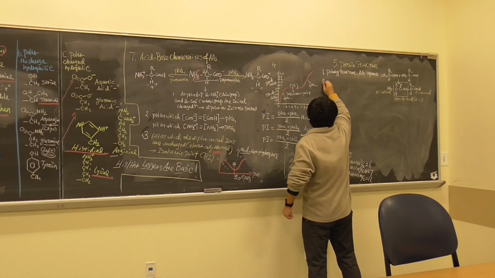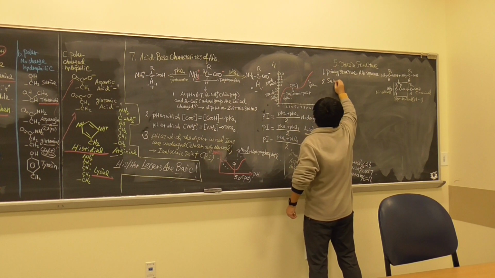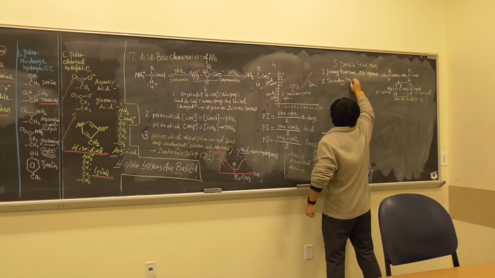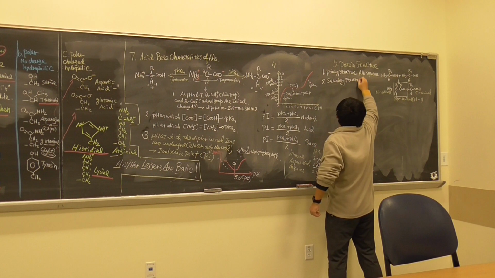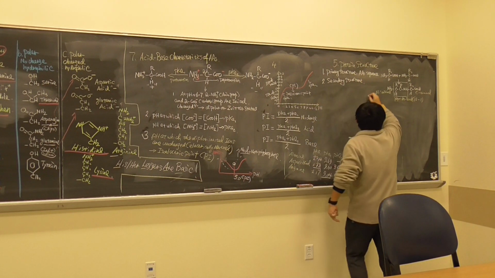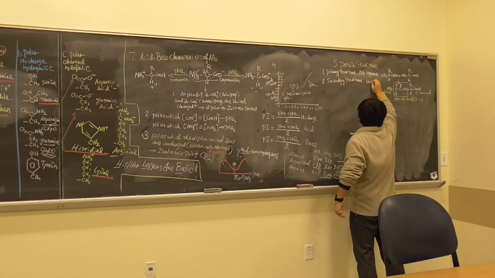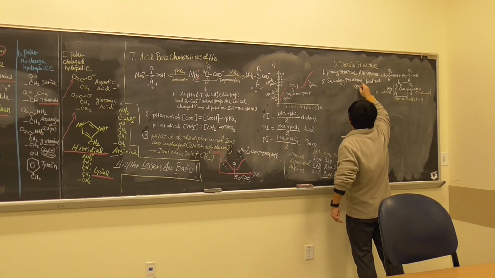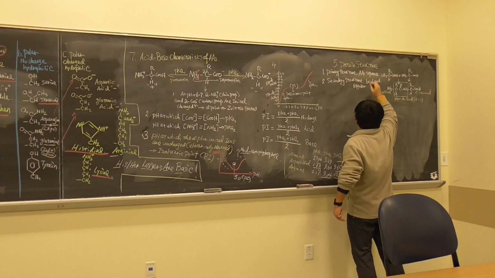Secondary structure. What do we call the secondary structure? Localized regular structure.